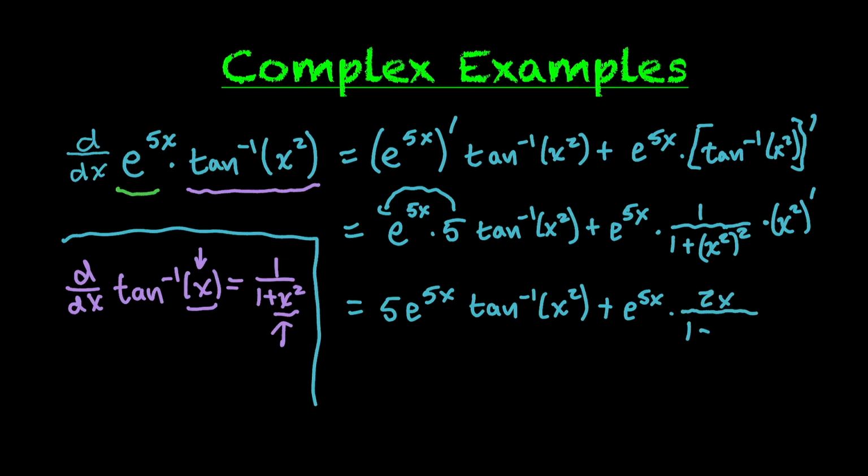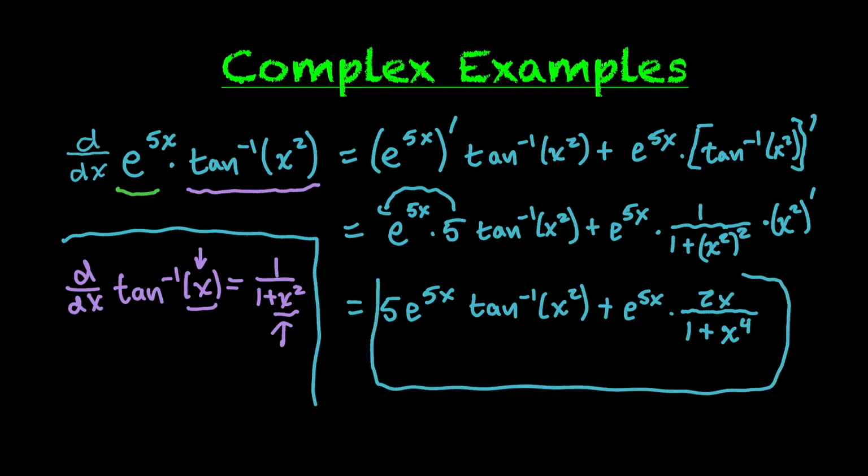And then 1 plus x squared squared. When I raise a power to a power, I multiply those, so x to the 4th. Okay. Now we may be able to do a little more simplification, like factoring out that e to the 5x. But again, this video is not about simplification. It's about using the chain rule in more complicated scenarios.